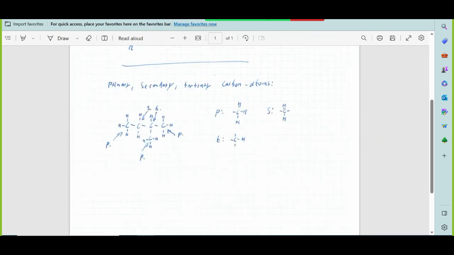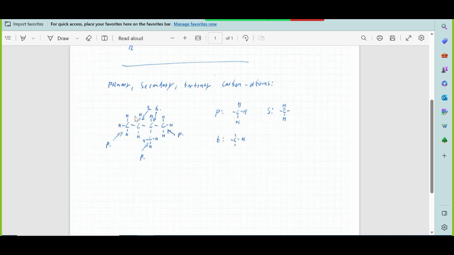And the same here, when we talk about primary, secondary, tertiary carbon, it means just a carbon that is bonding to how many other carbon atoms. In this case, this carbon here is a primary because it's only bonding to one carbon, the direct bond. This one is also a primary because it's only bonding to one carbon atom, which is this one.